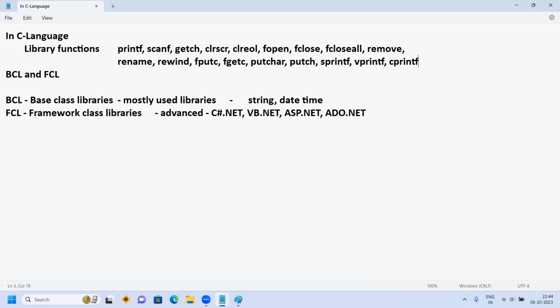All these are library functions, built-in functions.